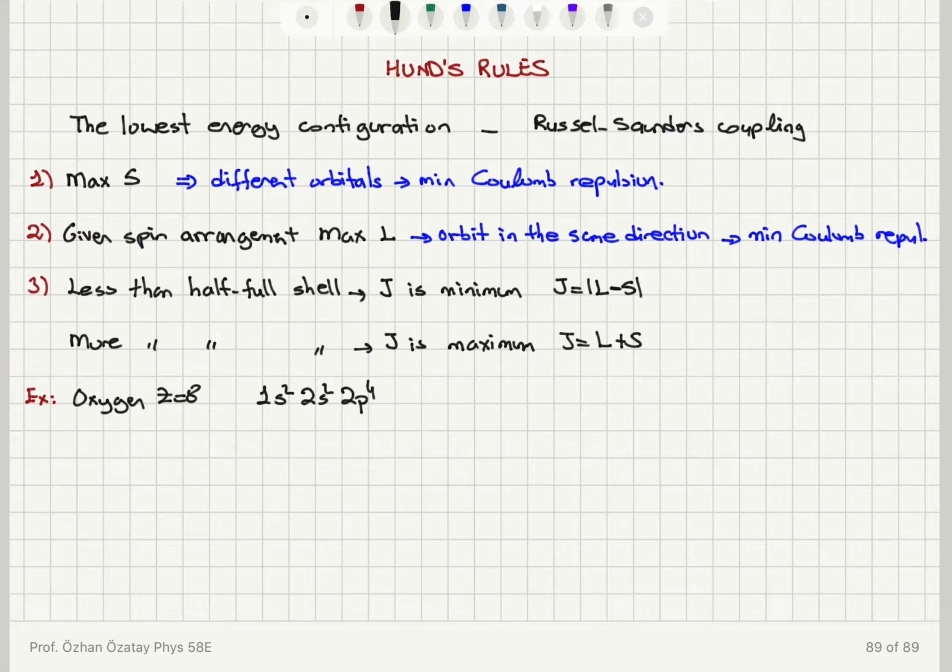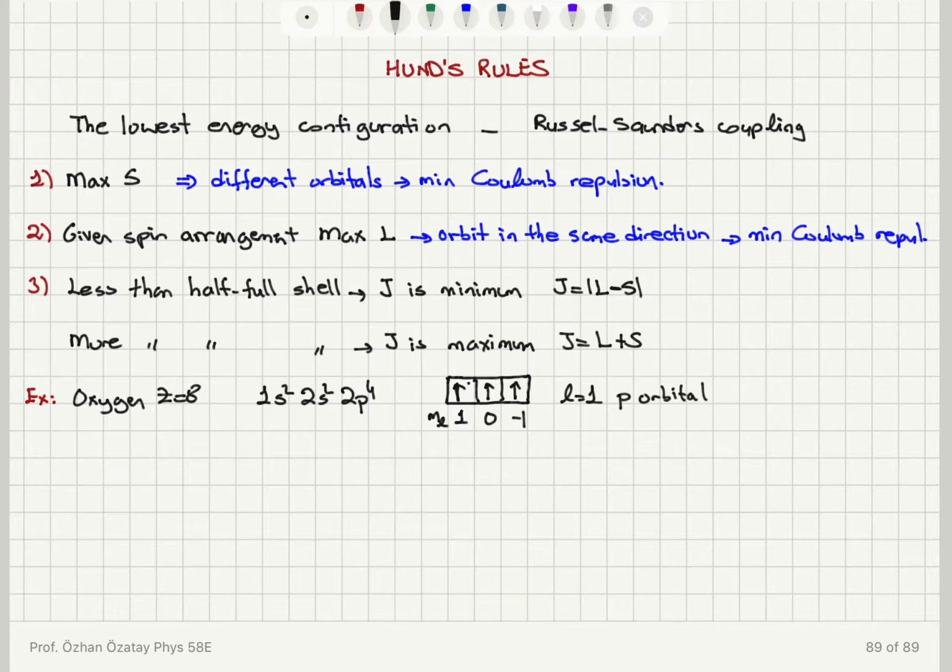So if we consider p orbitals, the first thing we need to do is to maximize the spin. So we're going to place, for m sub l 1, 0, minus 1, l equals 1, p orbital, these spins up, up, up, and then the fourth one we have to put in the same orbital.